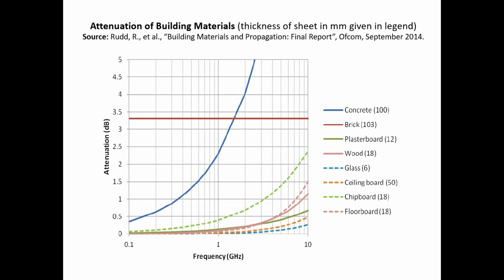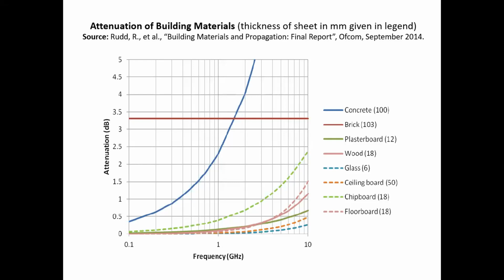The usual communication nowadays uses frequencies in the order of gigahertz, so it is higher. Of course there are other communications, like radio broadcasts. In that case you have very low losses, and concrete also offers low losses there.